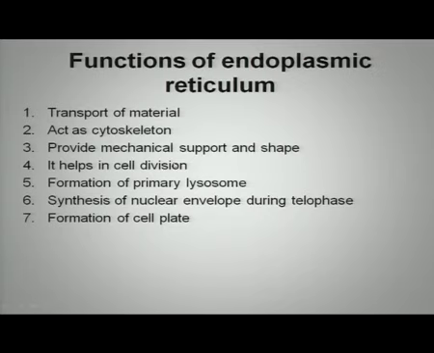It helps in cell division. It helps in the formation of the cell plate in the case of cell division in plant cells. You know the phragmoplast, that is formed by fragments of endoplasmic reticulum during the cytoplasmic division of a plant cell.